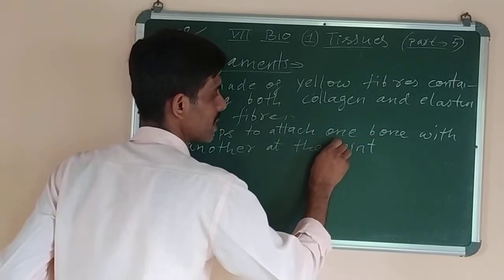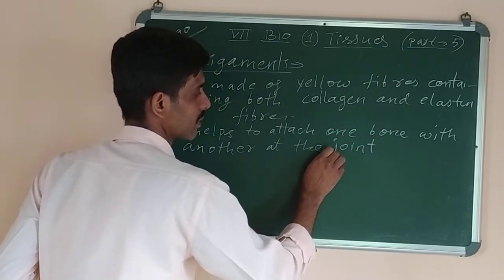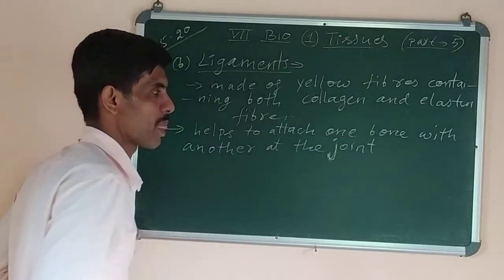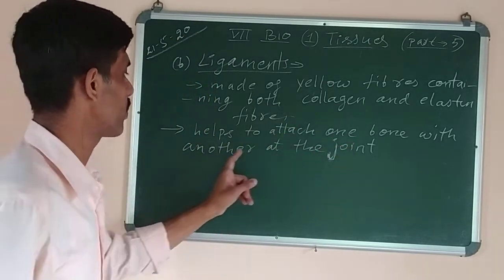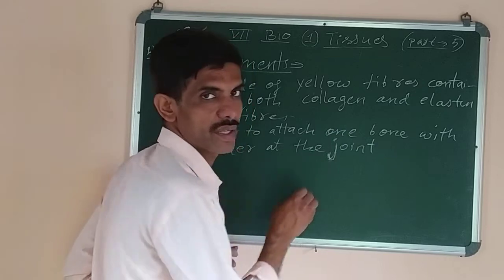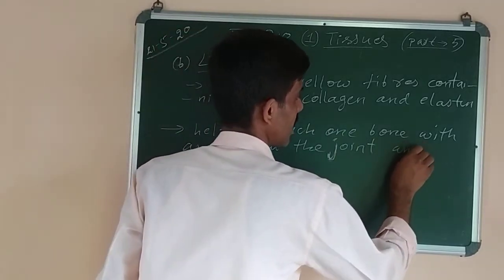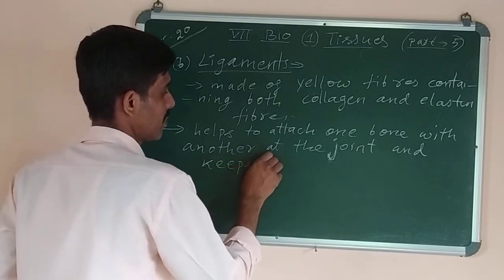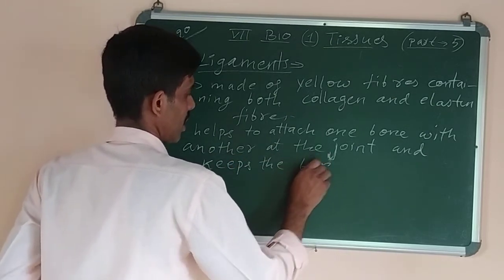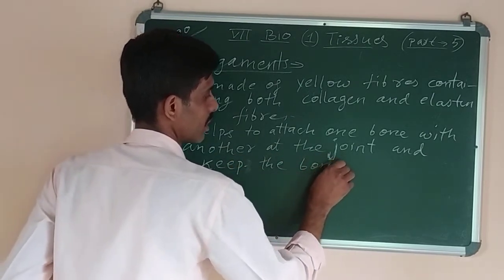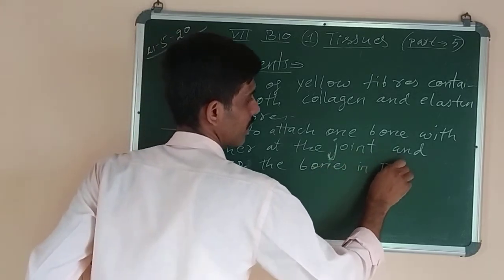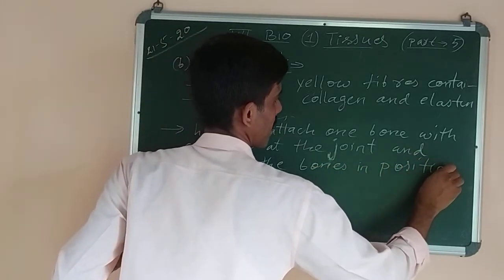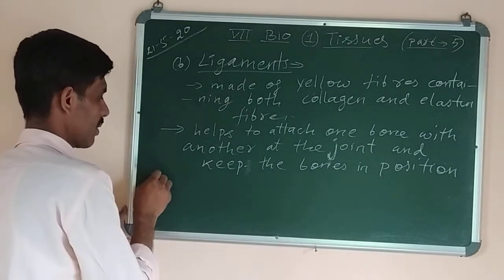That is called a joint, J-O-I-N-T. So it helps to attach one bone with another at the joint and keeps the bones in position for movement and all, you can write.